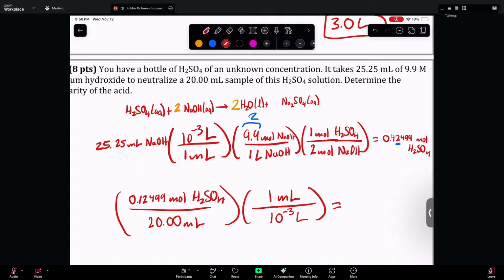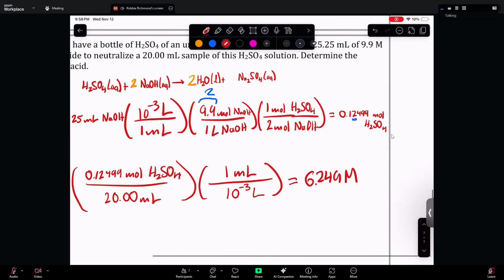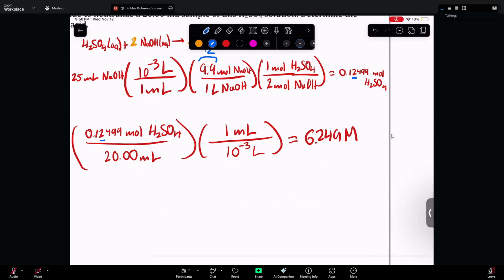So this concentration should be, in our calculator, 6.249 molarity. And since this is 2 sig figs, this is 4 sig figs, our answer should be rounded to 2 sig figs. So 6.2 molarity of H2SO4.